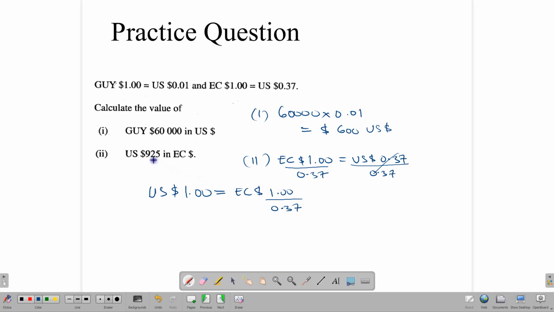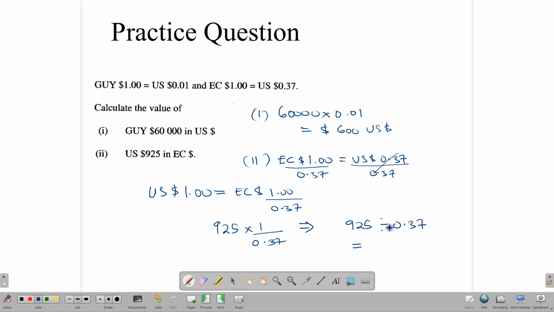So if we're going to change $925 in US to EC, for every $1 we change, we're going to be getting this. So $925 would simply mean 925 times 1 over 0.37, which tells us that we could have accomplished it by just saying 925 divided by 0.37. But I wanted to go through that just to show you why we actually divide in this case.